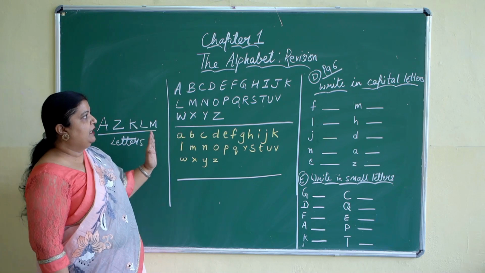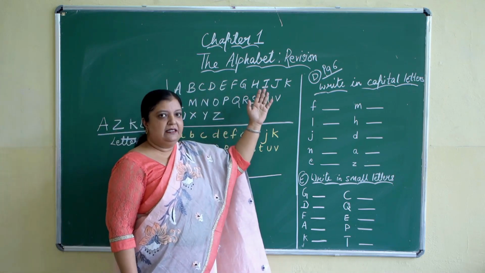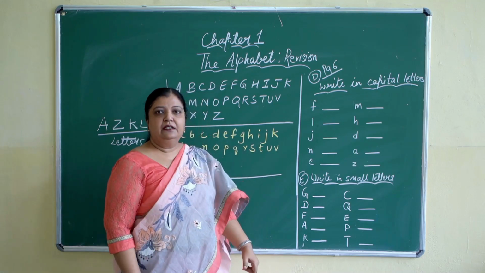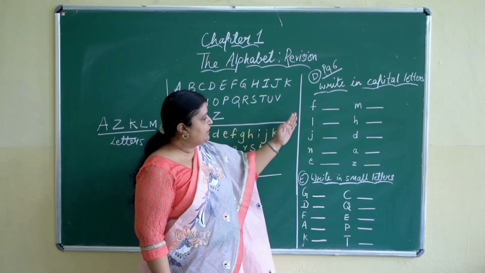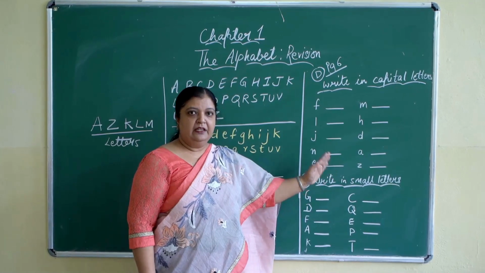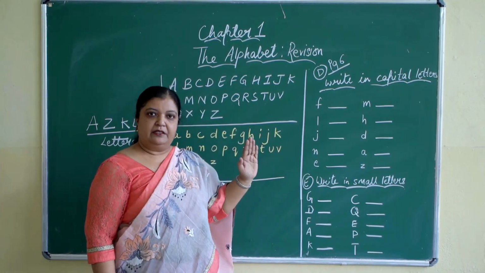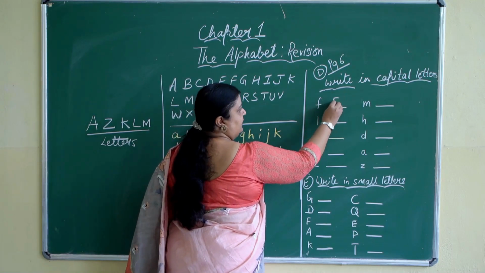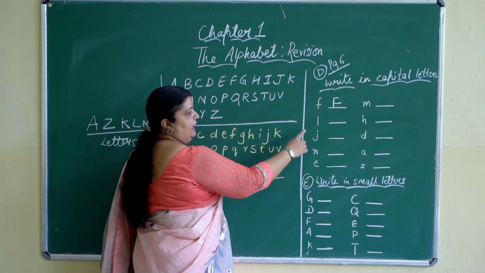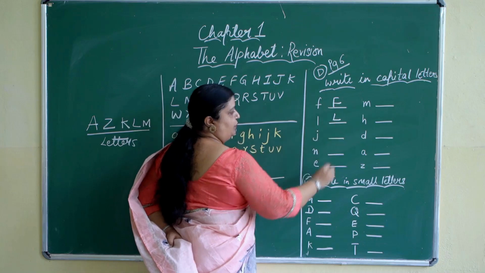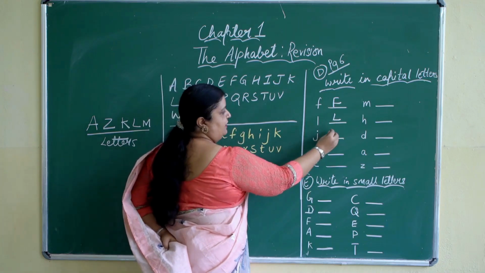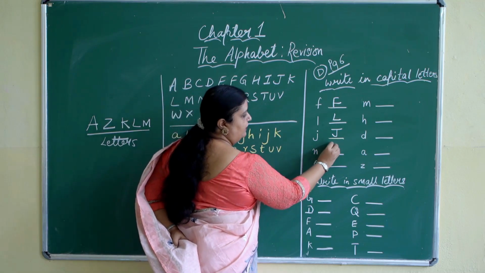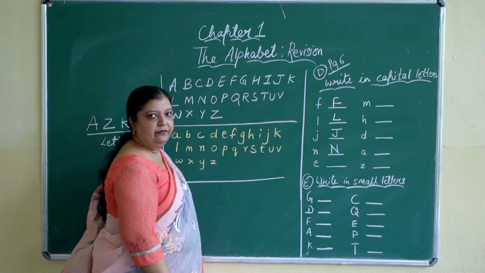Understood? Now, to begin with, page 6, D exercise. First is write in capital letters. So here some small letters are given. You have to write the capital letter. Now F capital will be this way. L this way. Small j, capital J. N this way.